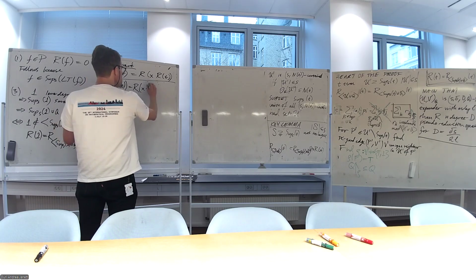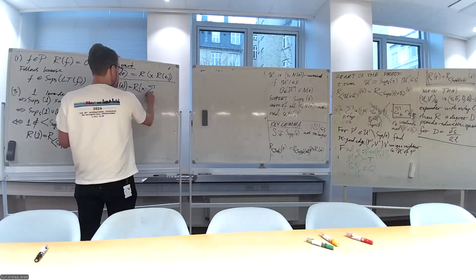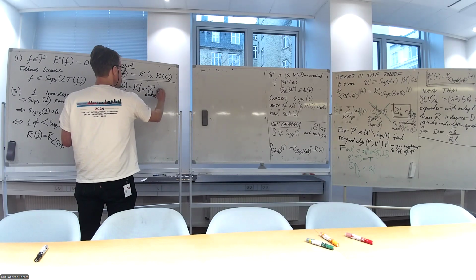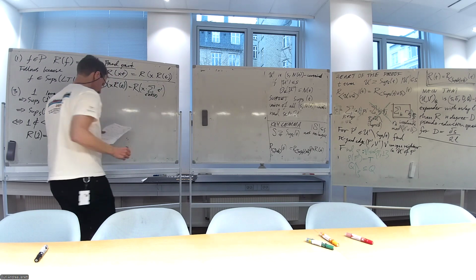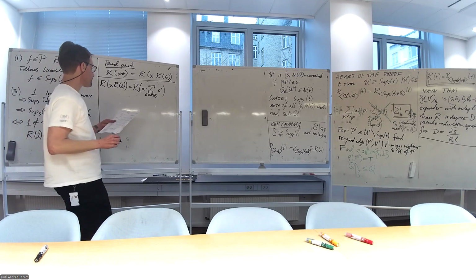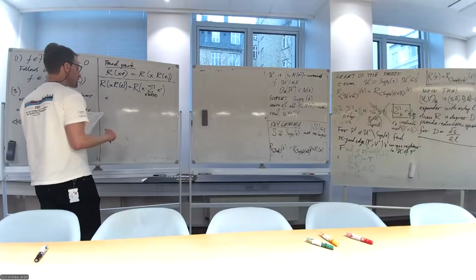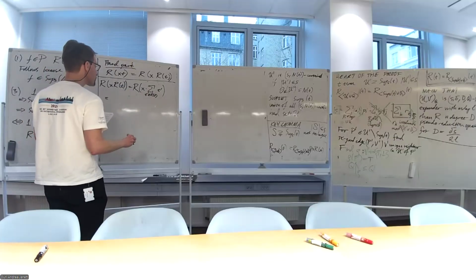This is x times whatever this polynomial is, the sum over t prime in R of t, t prime. This is just by expanding it out.